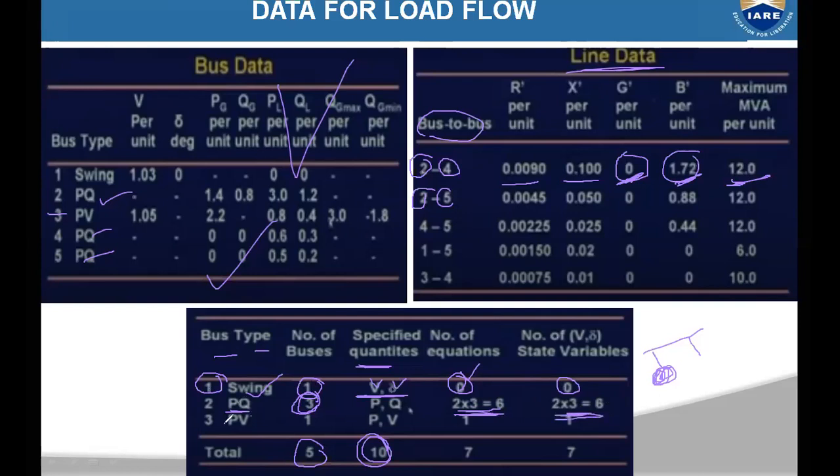At the PV bus, Q is not specified, only P is specified. So from the static load flow equation, in case of a PV bus, you should form only one equation, only for P, not for Q. So a total of 7 equations you should get for this problem, and the total state variables are also 7.